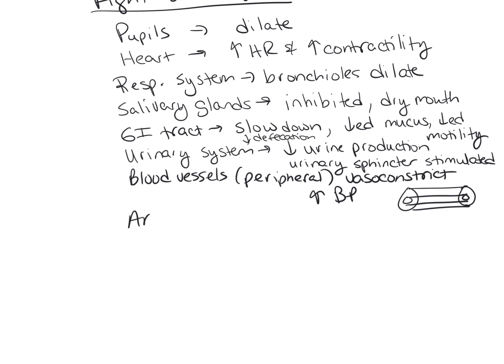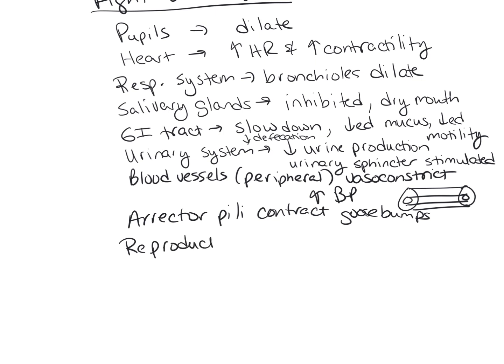And your erector pili muscles will contract, so you end up getting goosebumps. And then finally, in the reproductive system, when the sympathetic nervous system is stimulated, smooth muscles contract, and there's an orgasm, and there is also ejaculation.